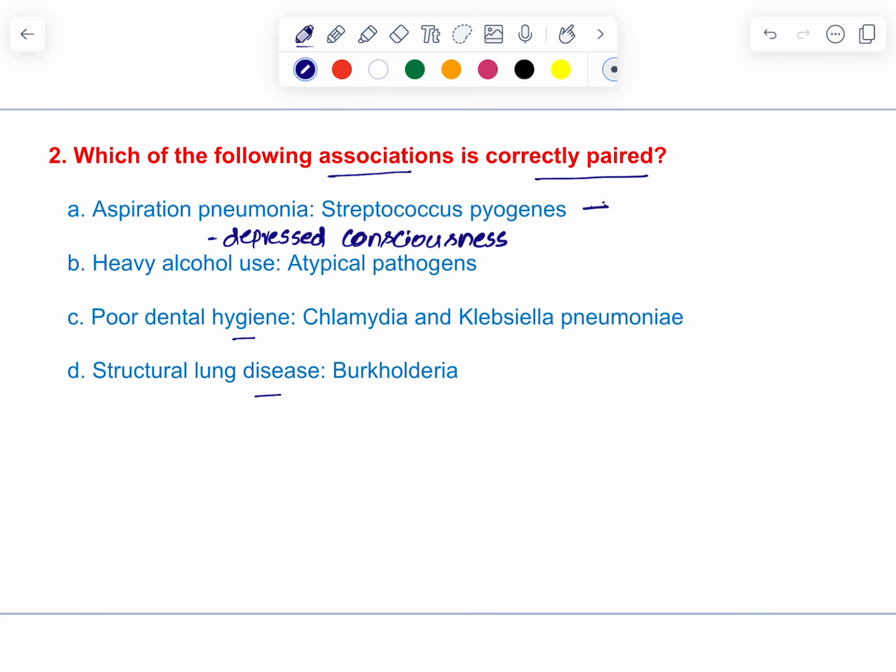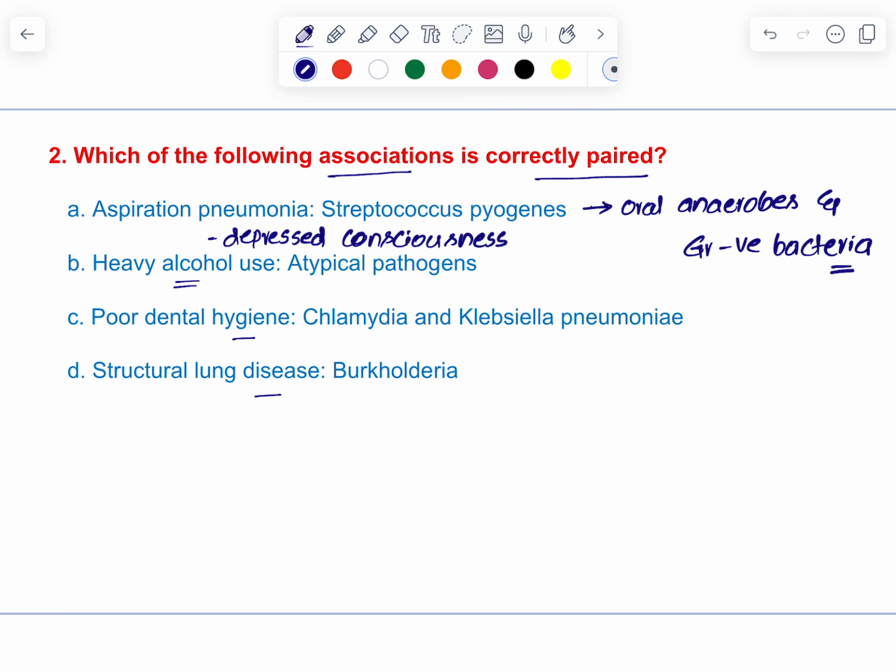Now, the organisms which are very common in aspiration pneumonia are, number one, the oral anaerobes and the gram-negative bacteria. So these are the organisms which will be causing the aspiration pneumonia.